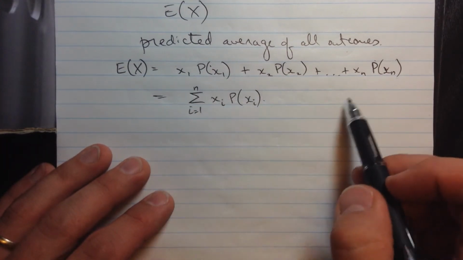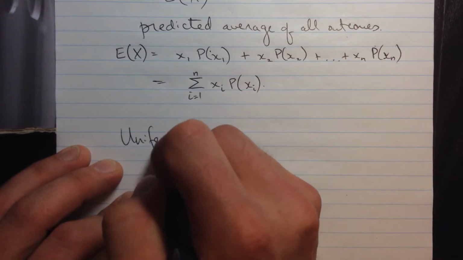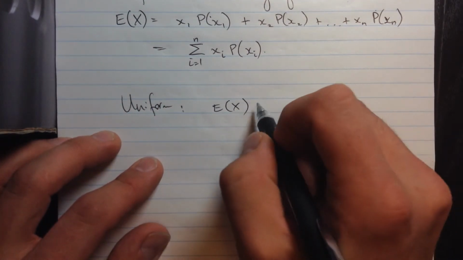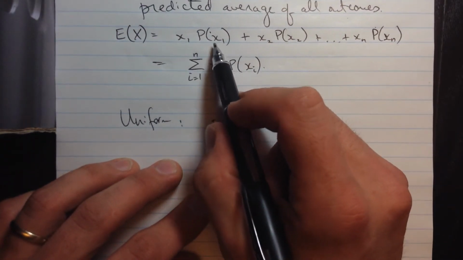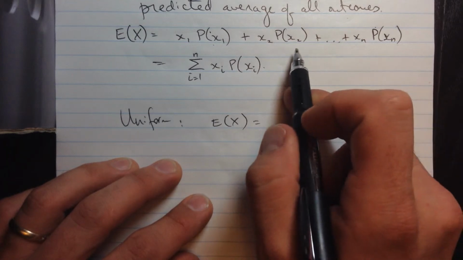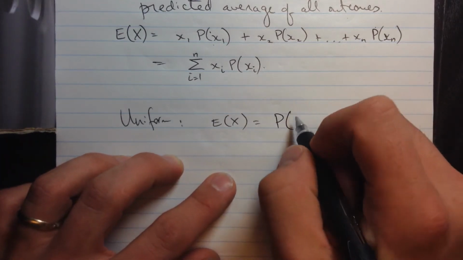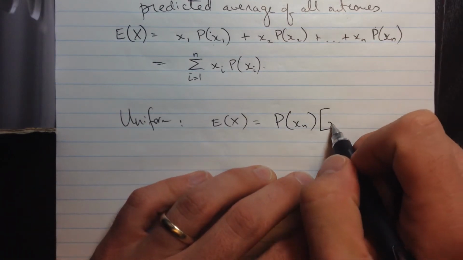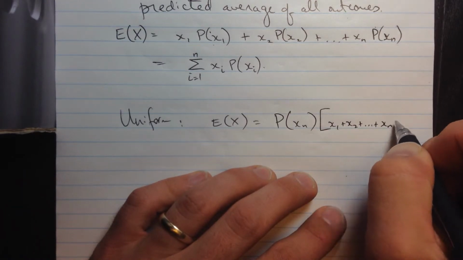So with all of these things being equally likely in a uniform distribution, the expected value is the sum of each of these x's, and then we'll factor out these probabilities, which are all the same. So we can factor out the probability of any x value, times x1 plus x2, and so on up to xn.